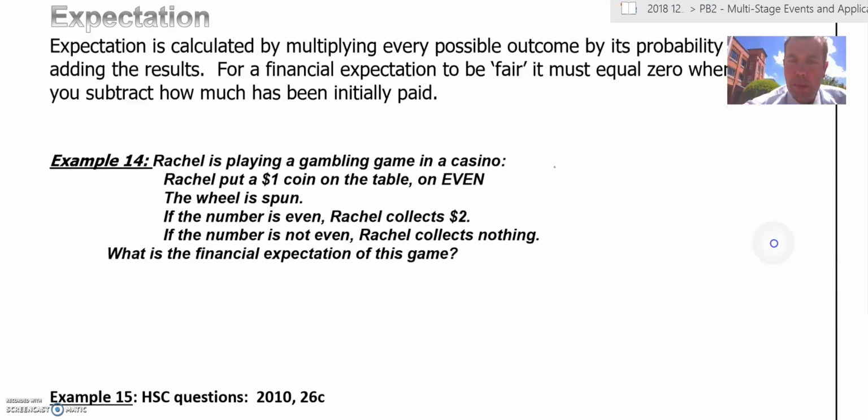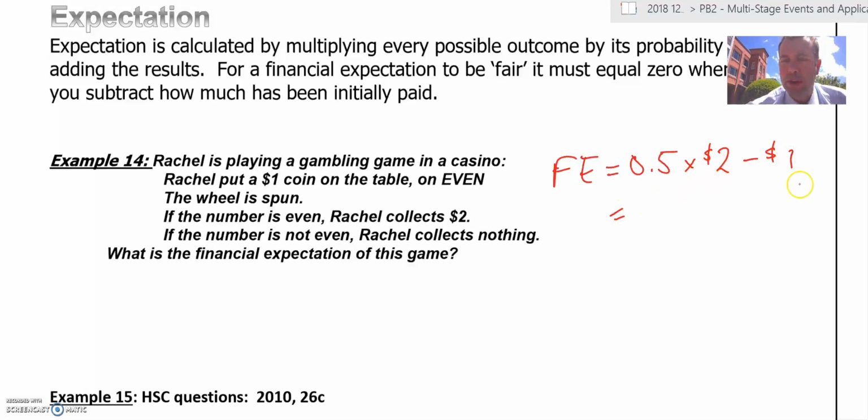Now, my financial expectation is equal to the probability, so that's 0.5 times the outcome. And I've got to subtract also the cost of playing. So minus my $2. Oop. Doesn't cost $2 to play, it costs $1 to play. Okay, so that equals 1 minus 1 equals 0.